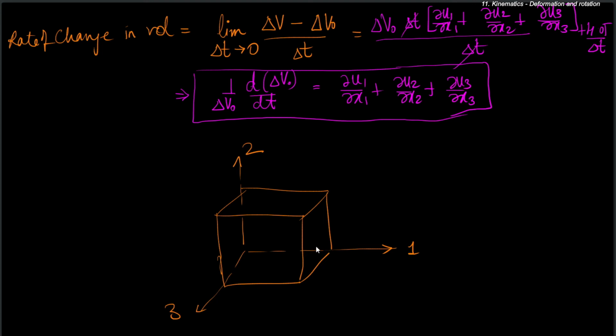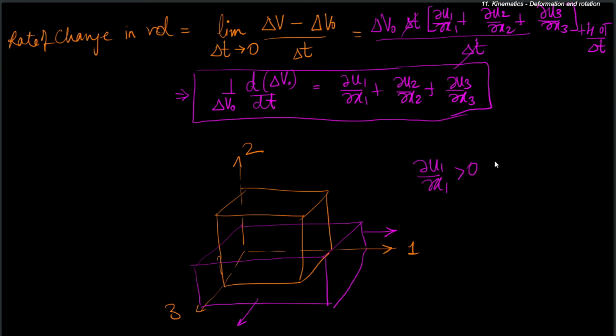So if the volume increases in the one direction and say the volume increases in the three direction, meaning it becomes something like this. Okay, so the length has increased in the one direction and in the three direction, meaning del u1 del x1 is positive, del u3 del x3 is also positive.